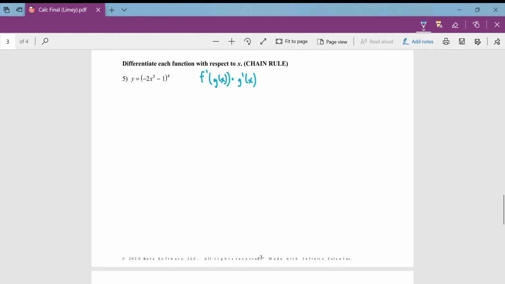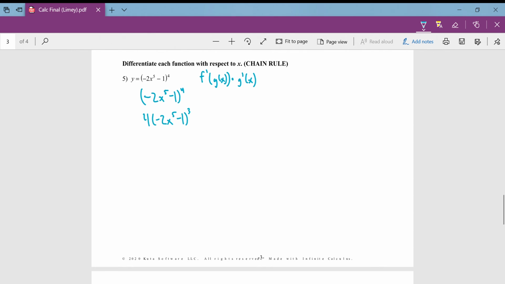Then we got to the chain rule. Chain rule is also super easy. So 4 would come out front. Or actually, let's just rewrite it first. So 4 would come out to the front, and you wouldn't do anything on the inside. And that would become a 3.